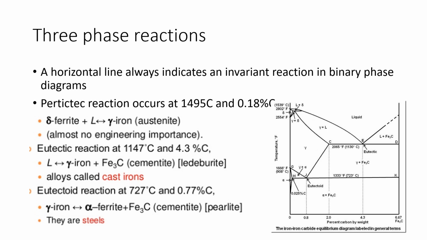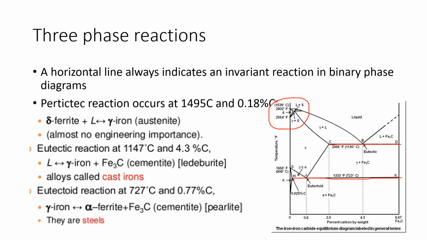Three phase reactions. We have already discussed the three horizontal lines. These three horizontal lines represent three different phase reactions. One is the small region, which is called the delta region, which we represented in the previous slide.